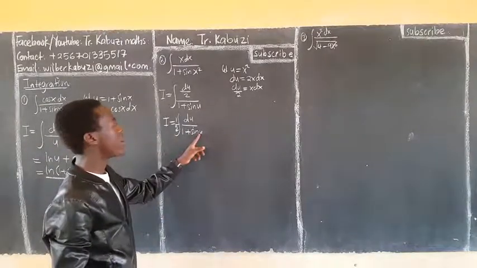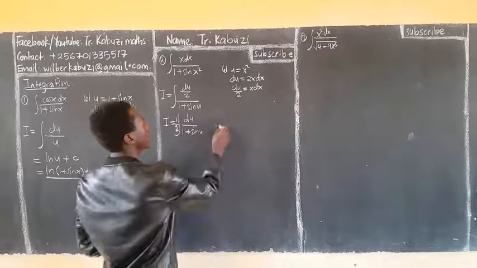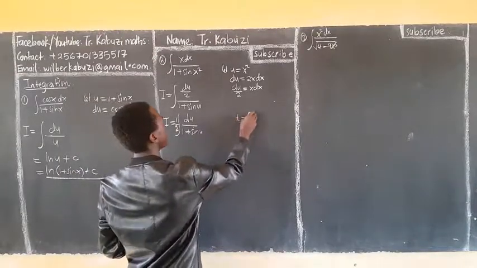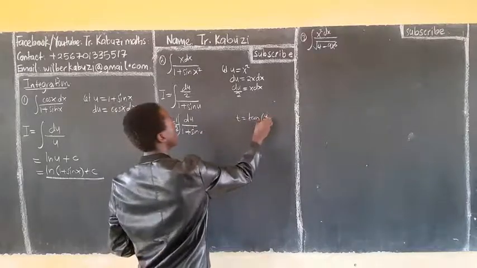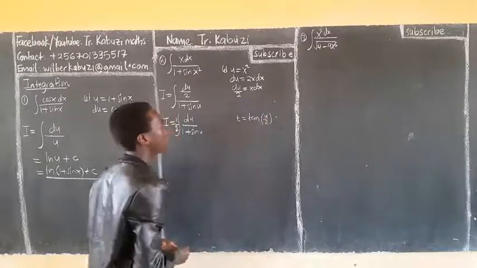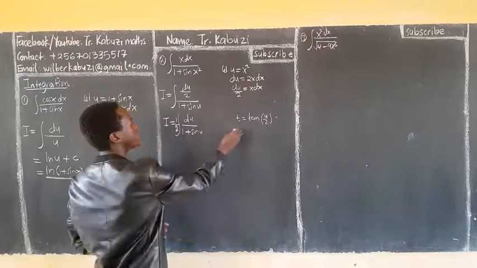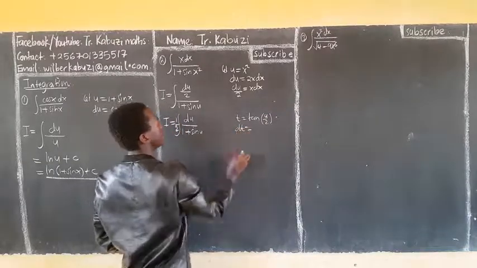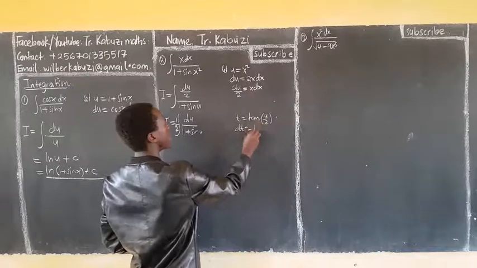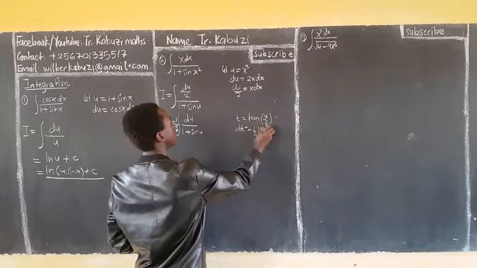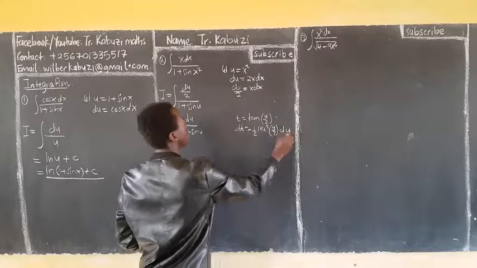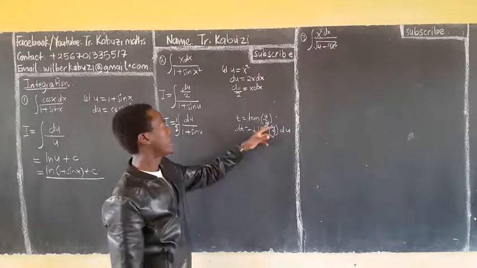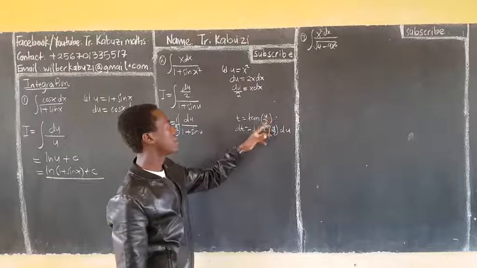Now from there, we are going to use that t formula to handle this, because you see that from here, already you start by defining your t. So your t is going to be tan of the angle here, u over 2. So you see that now I need to differentiate this. So your dt is going to be, when you differentiate this, you get half sec squared of u over 2, then du. Because when you differentiate tan, you get sec squared, but when you differentiate this angle, you get a half.